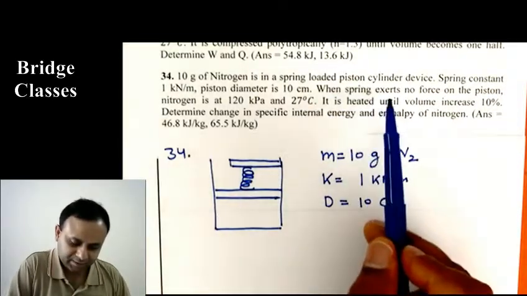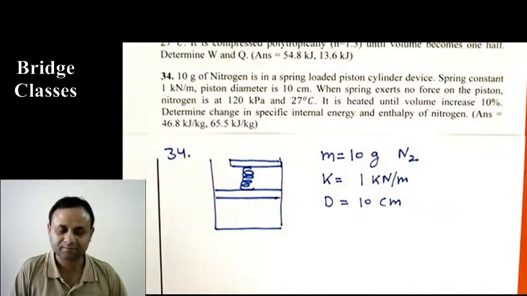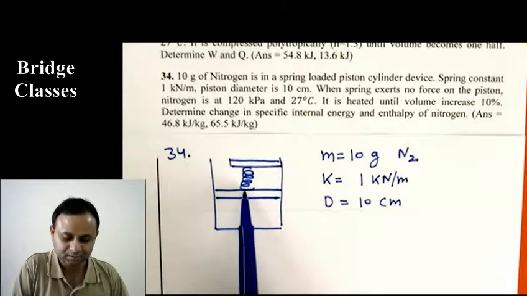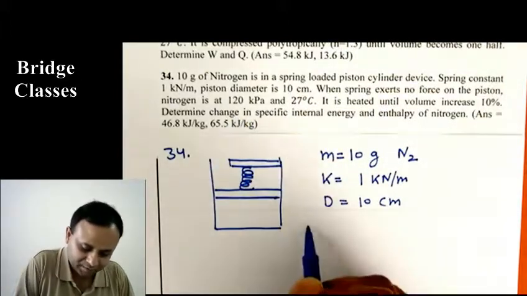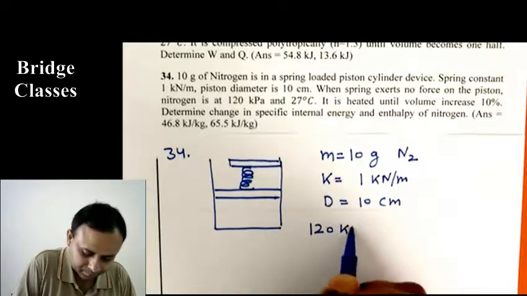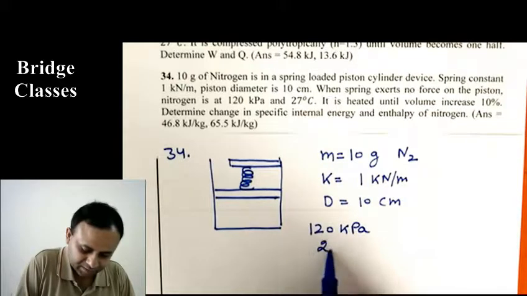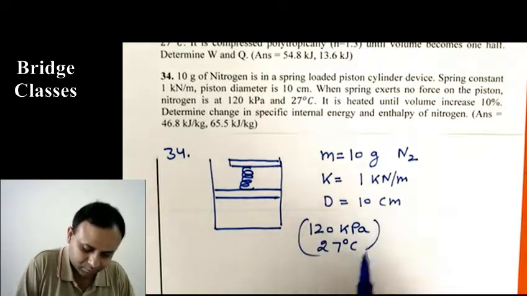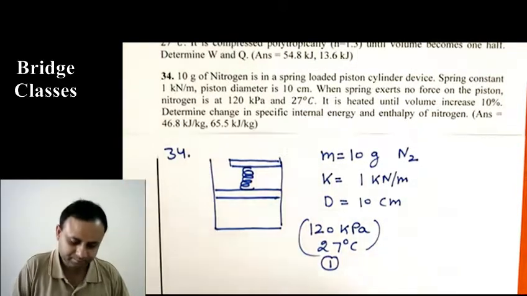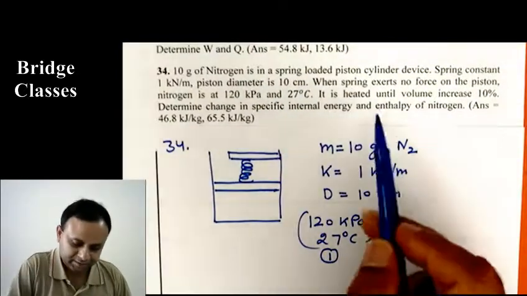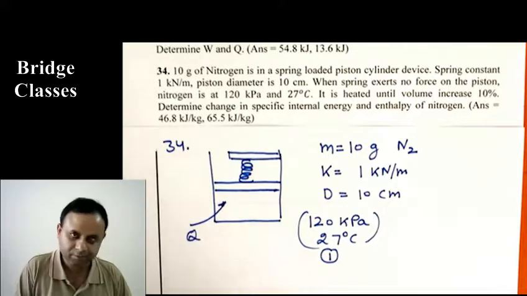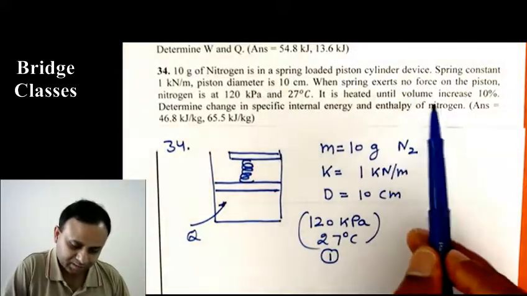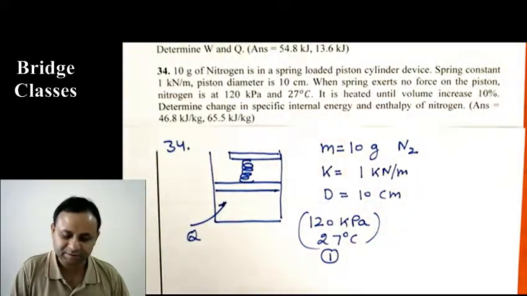When the spring exerts no force on the piston, so the spring is not compressed or extended, nitrogen is at 120 kilopascal and 27 degrees C. So you say that is the initial state. It is heated until volume increases 10%.